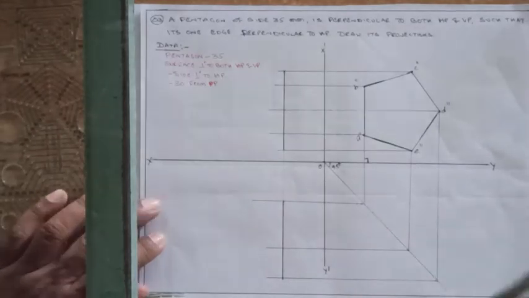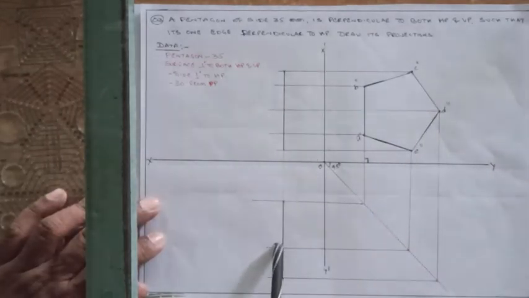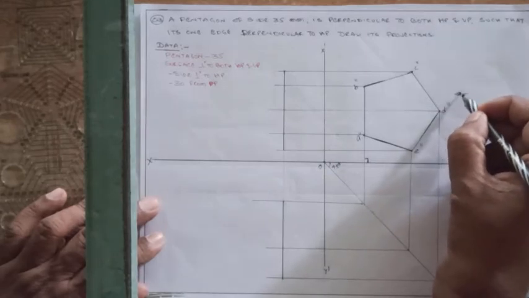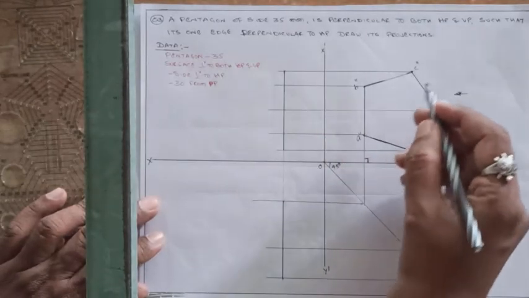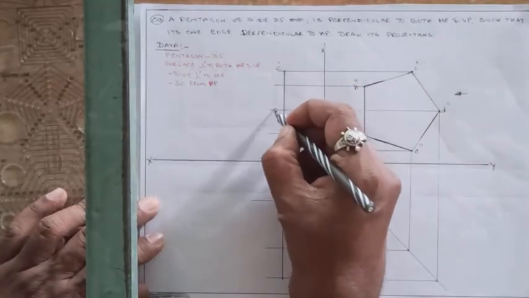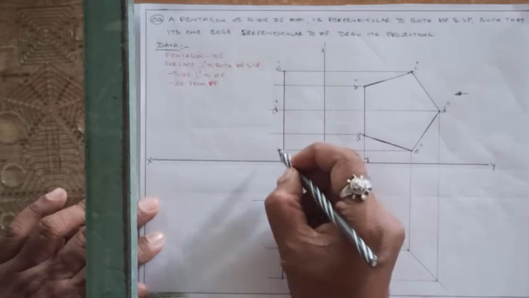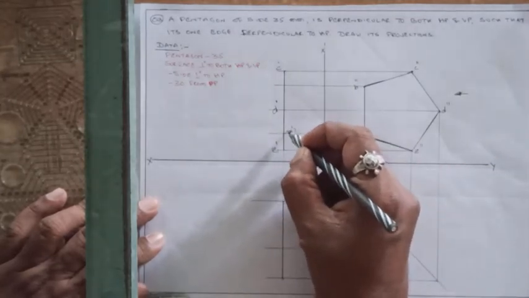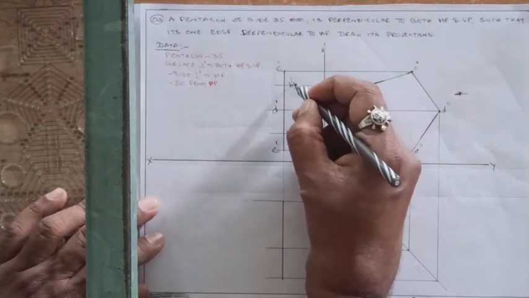Now you are getting the side view, top view and front view. Now to mark the notations in the front view, looking from the front, which is visible? C is visible, D is visible, E is visible, A is not visible, B is not visible.